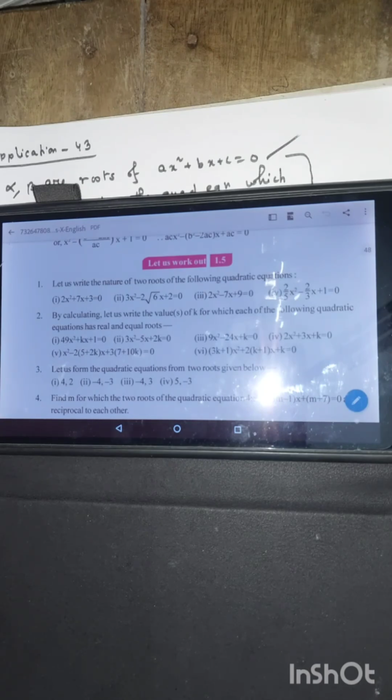Number 1. Let us write the nature of roots of the following quadratic equations.